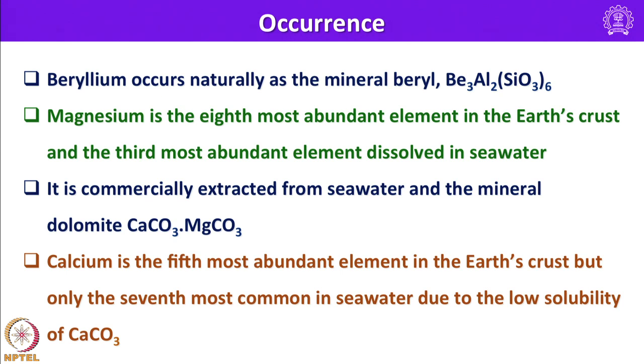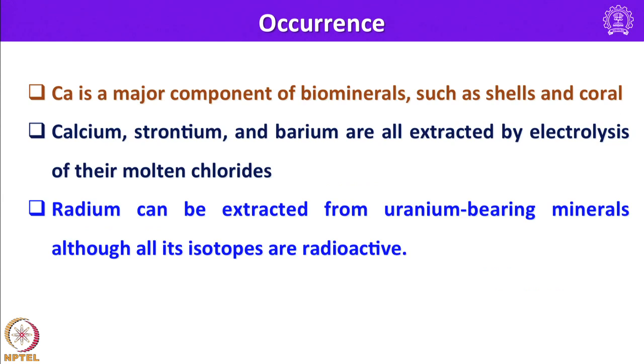It is commercially extracted from seawater and the mineral dolomite. Dolomite is a combination of calcium carbonate and magnesium carbonate in a 1:1 ratio, and calcium is the 5th most abundant element in the earth's crust, but only the 7th most common in seawater, due to the low solubility of calcium carbonate.